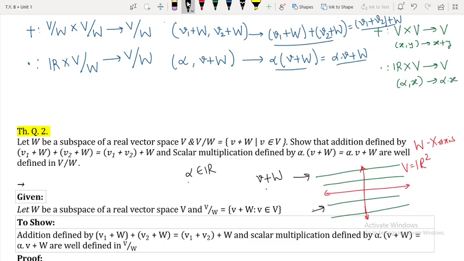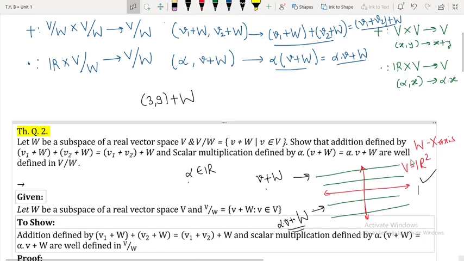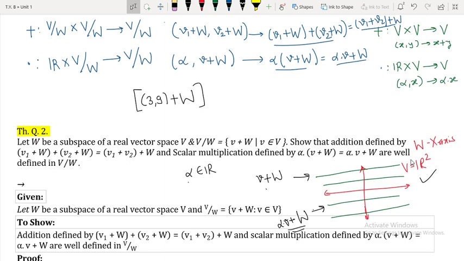They are saying that the representative is simply alpha multiplied by V. For example, (3, 9) plus W, we are talking about this example, and if I multiply it by some scalar, say 5, you simply multiply this 5 to this point of R2.